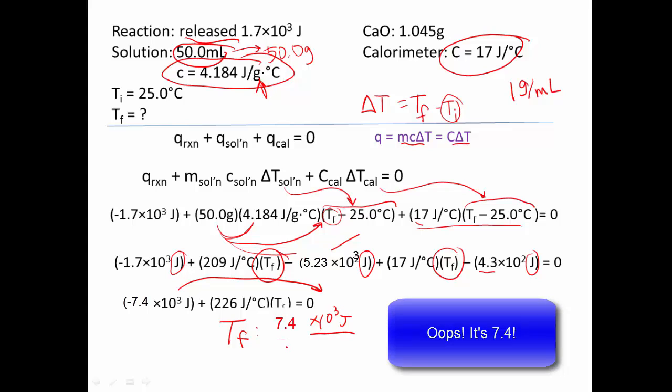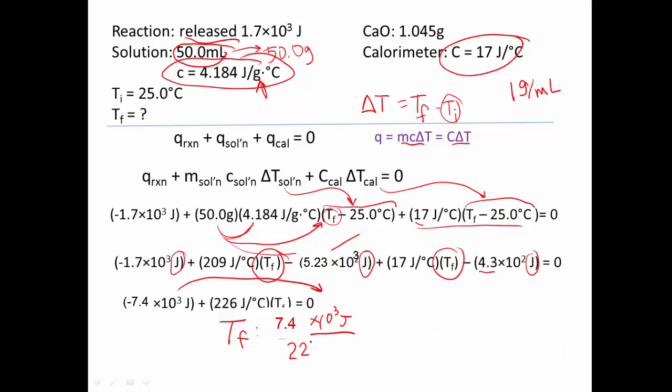We're going to divide that by our 226 joules per degrees Celsius. Our joules cancel out. Now this is 1 over degrees Celsius, which actually ends up being just degrees Celsius. We're only allowed 2 significant figures, and that should end up to be 33 degrees Celsius. And that is our answer.